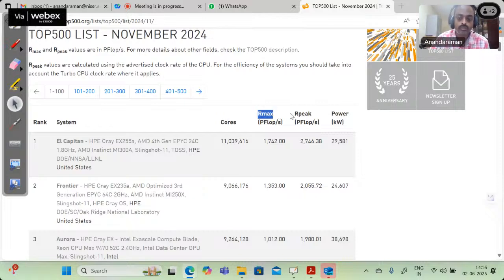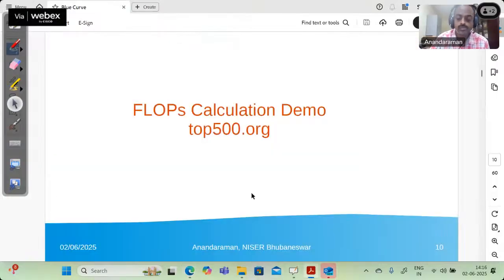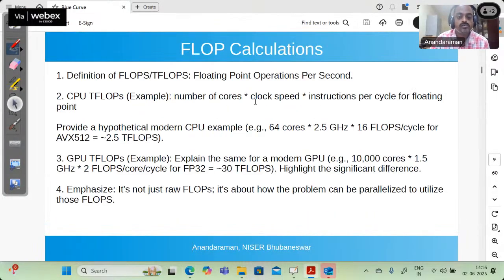Rmax and Rpeak are both there. Rpeak is just a theoretical calculation, like what we did earlier: number of cores times clock speed times instructions per cycle for floating point.